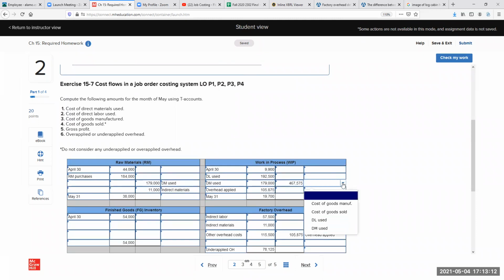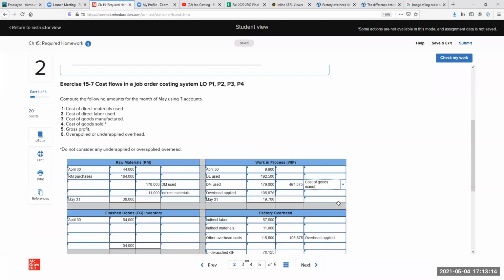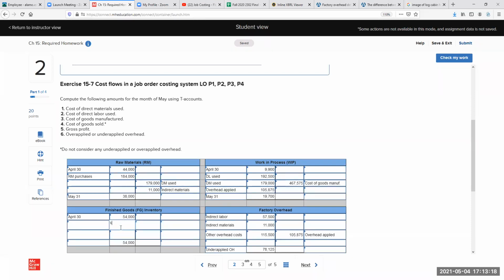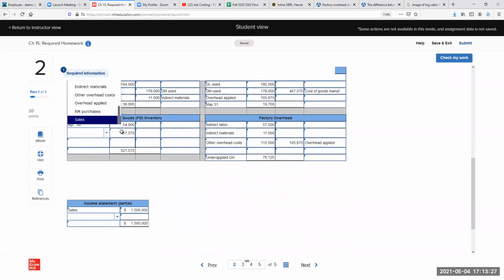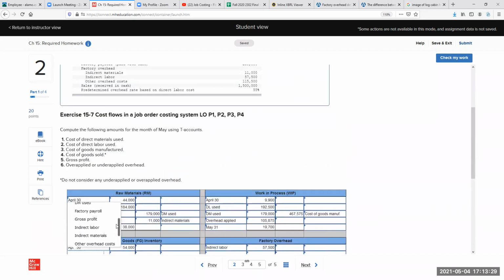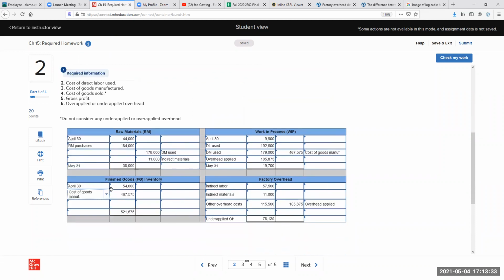So that's our cost of goods manufactured. And where does it go when they're finished? So there's credit and it's debited to our finished goods. Finished goods, cost of goods manufactured.